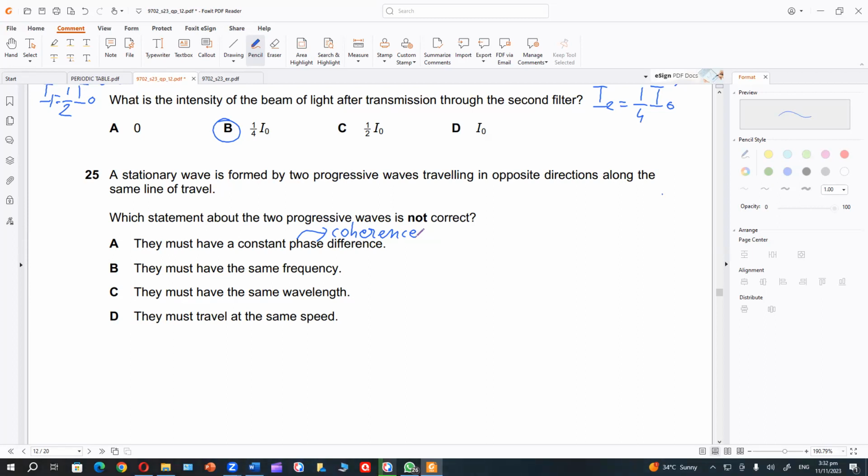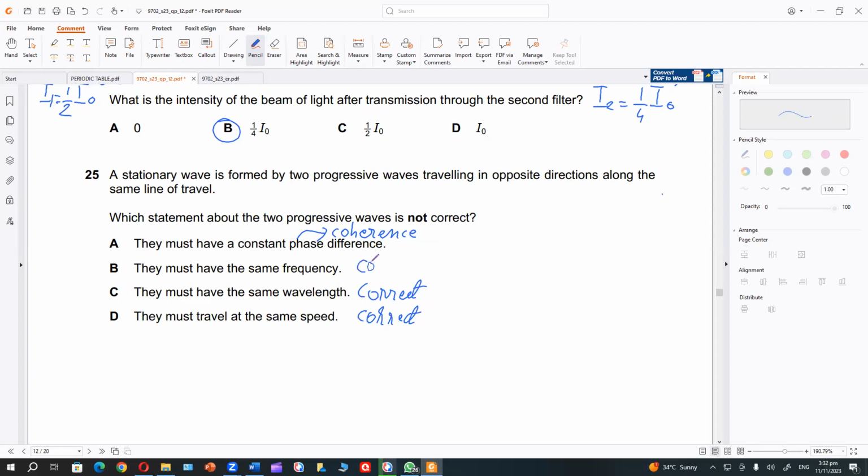They must have the same frequency. Is it necessary? No. They must have the same wavelength. It should be, because without the same wavelength, superposition won't occur. They must travel at the same speed. It is also necessary. This is a correct statement.